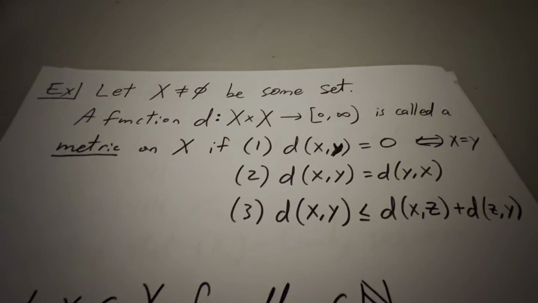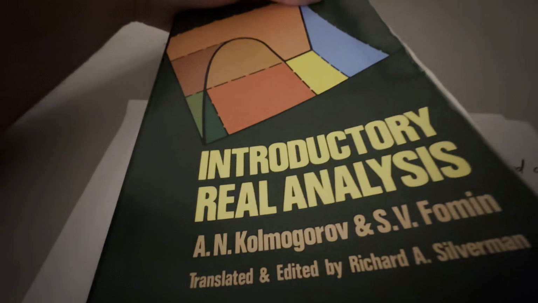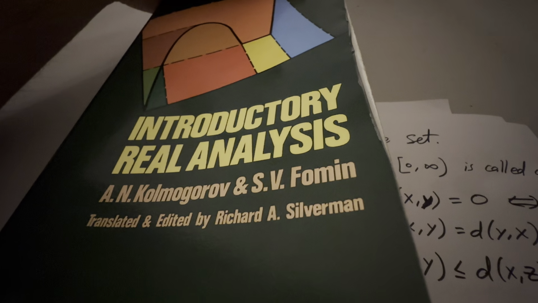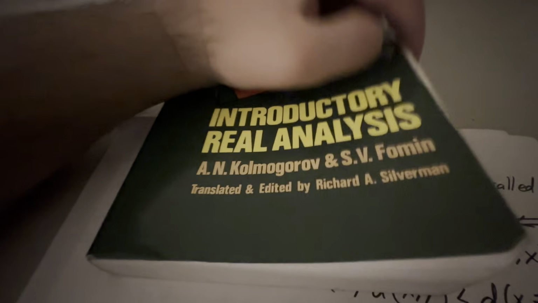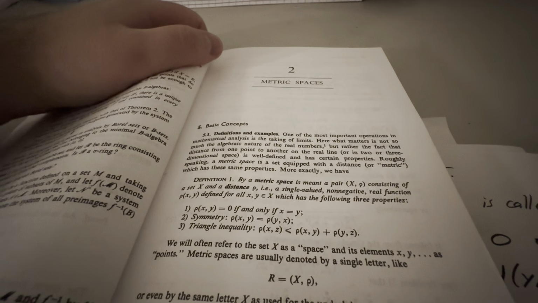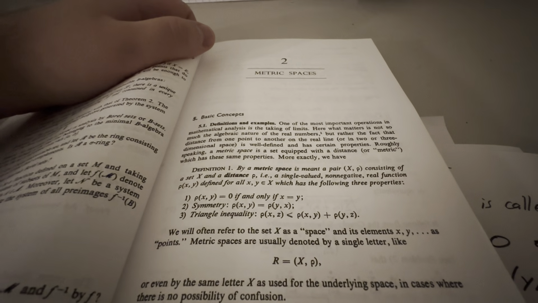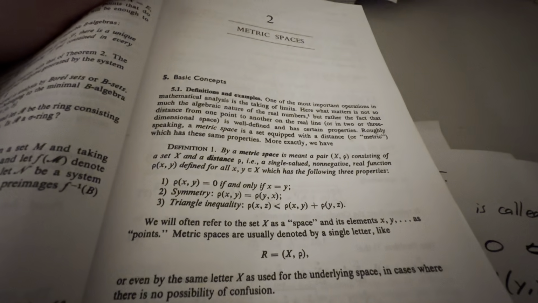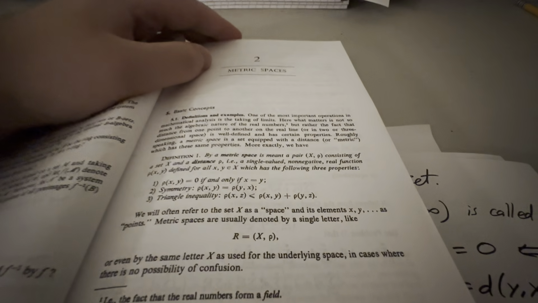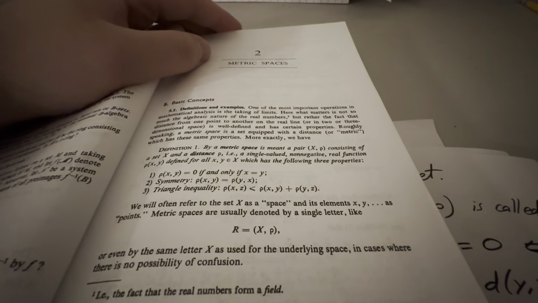So the book that I got a lot of this information from is this Kolmogorov book, Kolmogorov and Fomin. This is a pretty popular textbook. It's a popular book. I see it on the internet a lot. I actually had a copy and lost it and had to buy another one.